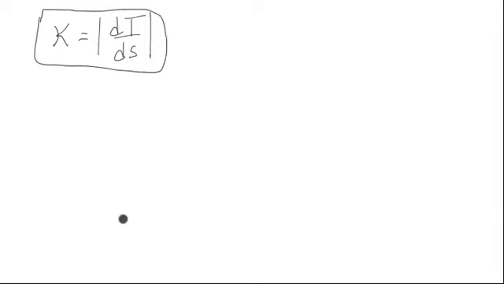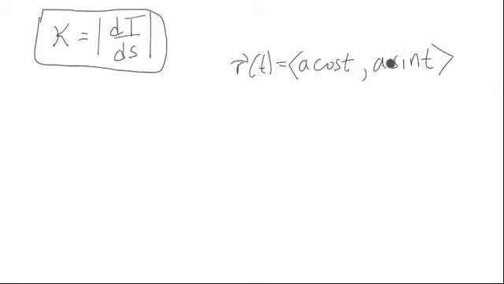And let's look at what it looks like for a circle itself. For instance, what if we had something like this? r(t) is equal to a cosine t, a sine t, where a is simply some constant hanging out here.